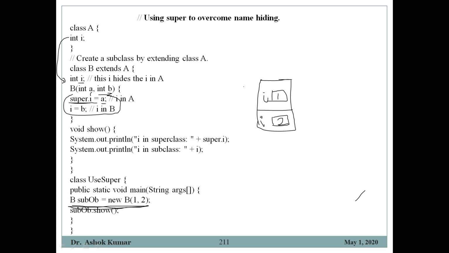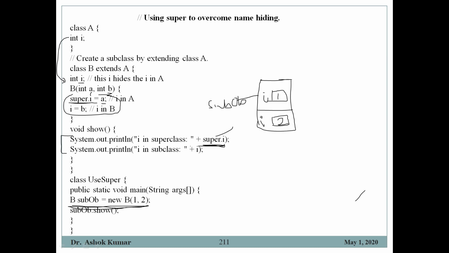Then the object will get the reference that is shown on the right hand side, that is sub o. This will be the reference to this object. And the next line is sub.show, so this will call the show method. Again here, if you want to print this i, you have to use super.i. So this will print the i of the superclass, whose value is 1.